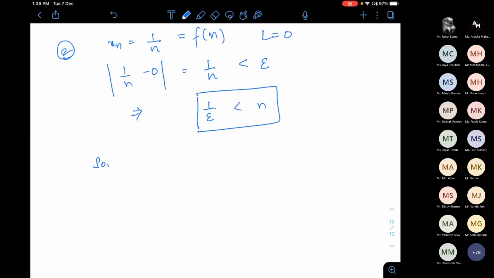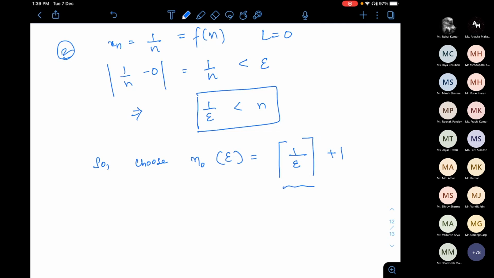So choose n naught, which is a function of epsilon. I have taken this because it cannot be a natural number every time. So I have taken the function as the integer part of 1 by epsilon, plus one. You can take just this as well.